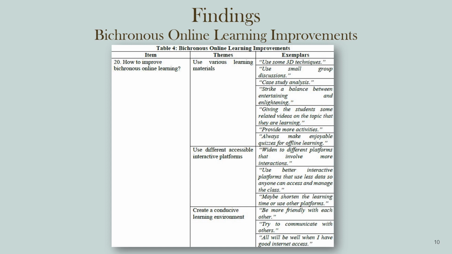Meanwhile, Table 4 here displays students' suggestions for improving bichronous online learning, which are using myriad forms of learning materials and divergent interactive learning platforms, as well as creating a conducive learning environment.